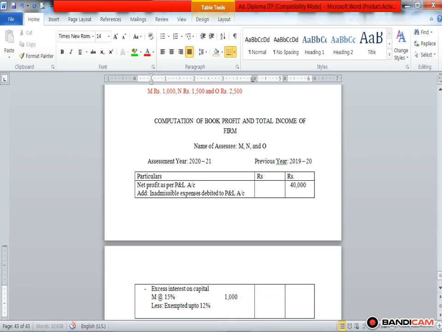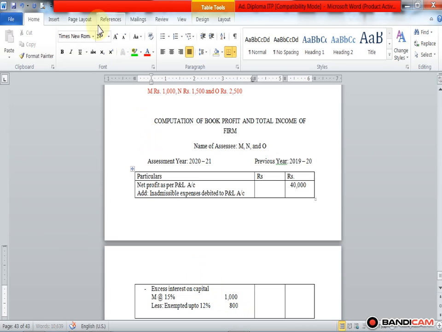So compute 12% on 1,000: 1,000 multiplied by 12 divided by 15, that is 800. 800 is exempted.